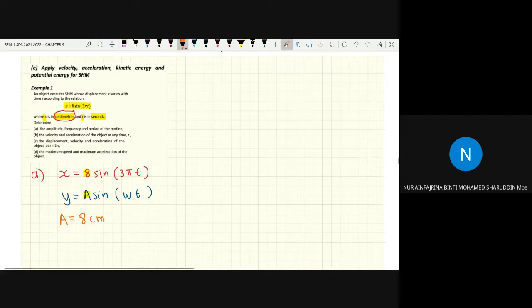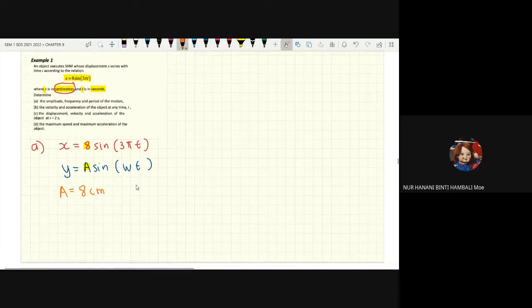Now, the next question, frequency. Macam mana nak cari frequency? Ingat tak Miss tulis 3 equation tadi tu? Okay, kita cari dulu omega. Omega adalah sama dengan 3 pi. Compare je macam tu. Daripada omega, macam mana nak dapat frequency?